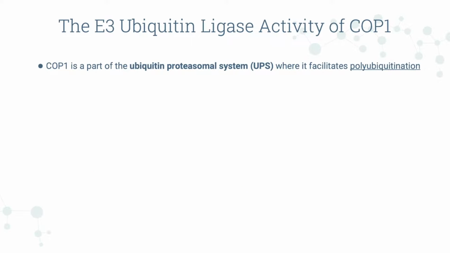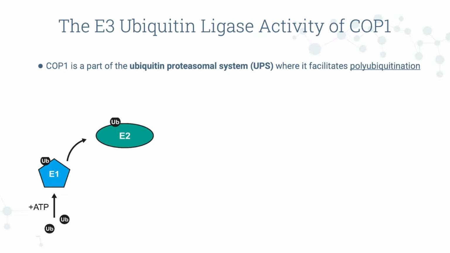As an E3 ubiquitin ligase, COP1 is a member of the evolutionary conserved ubiquitin proteasomal system, where it facilitates the polyubiquitination of target proteins. Polyubiquitination occurs in a multi-step process that starts with the E1 ubiquitin activating enzyme activating ubiquitin with ATP, which then transfers ubiquitin to the E2 ubiquitin conjugating enzyme.